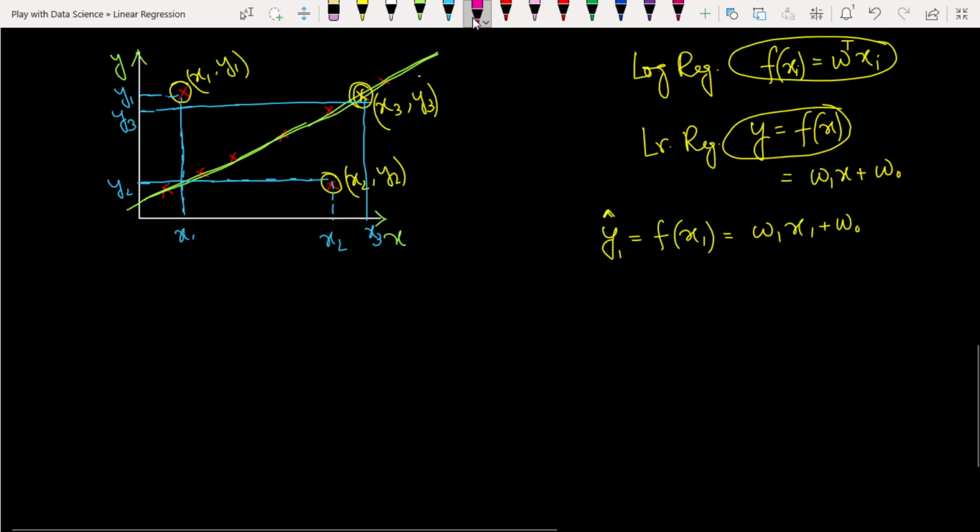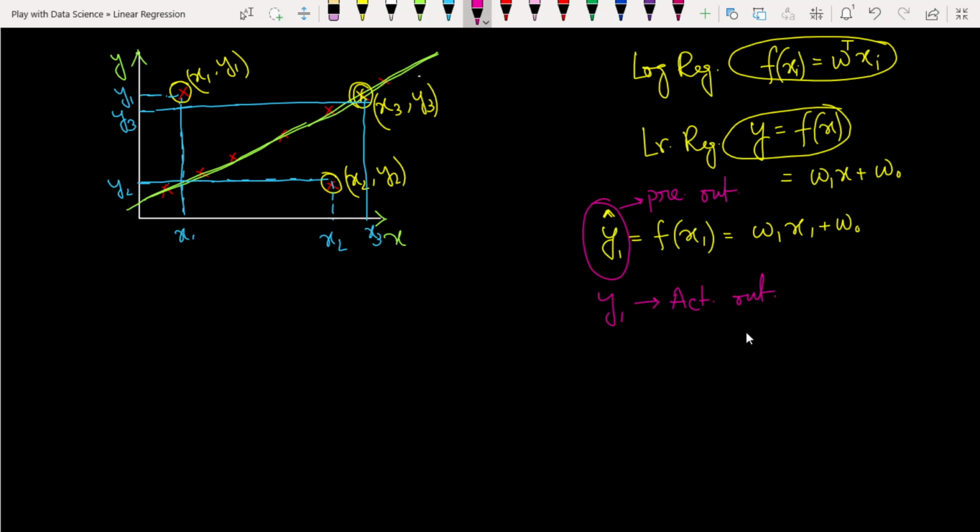This is called the predicted output, and y1 is called the actual given output. So what will be the error?